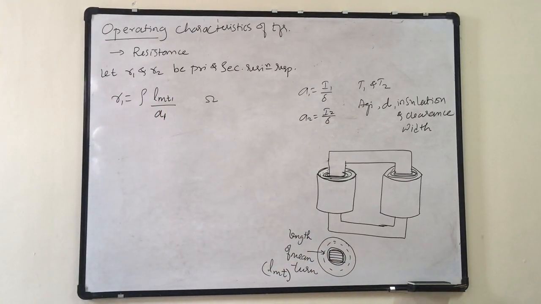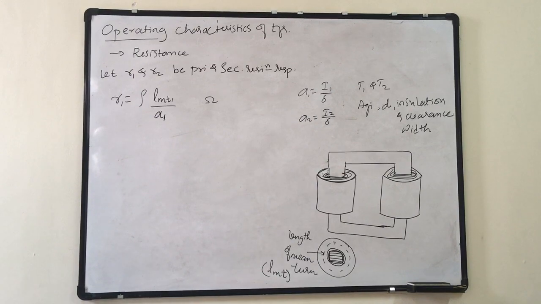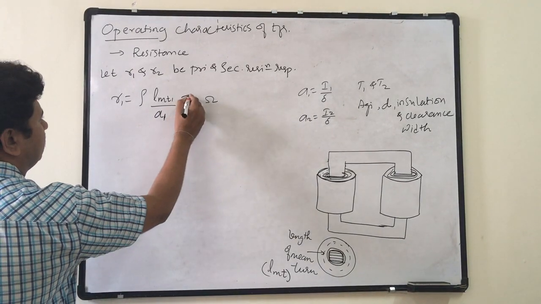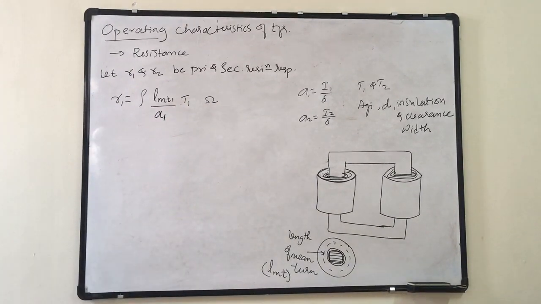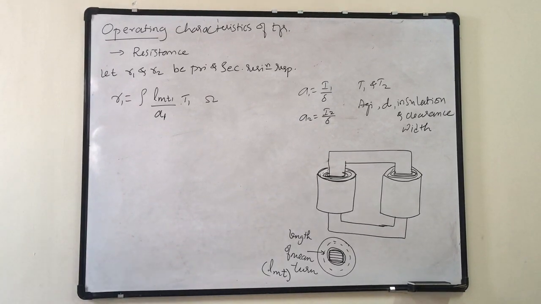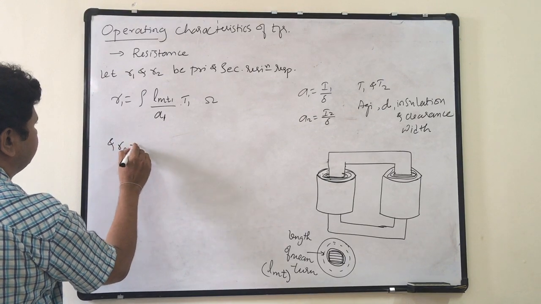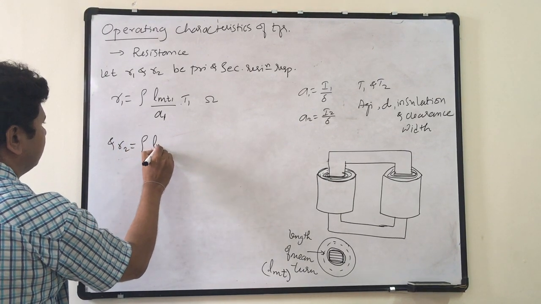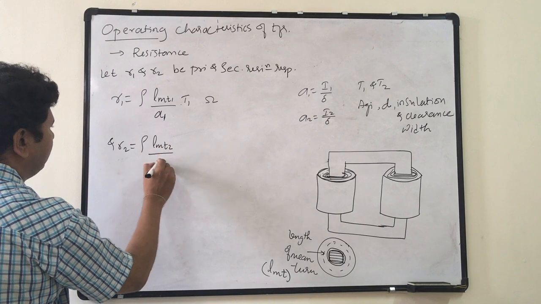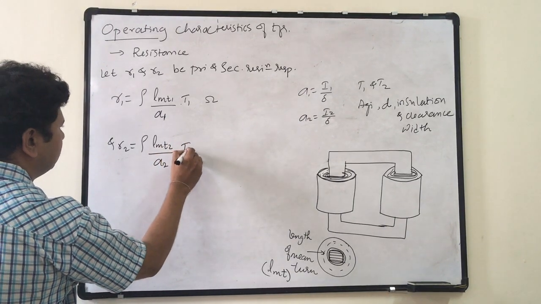How many turns do I have? I have T1 number of turns in primary, so multiply by T1. Rho LMT1 by A1 into T1 is the total primary resistance. And R2 equals rho LMT2 divided by A2 into T2 ohms.